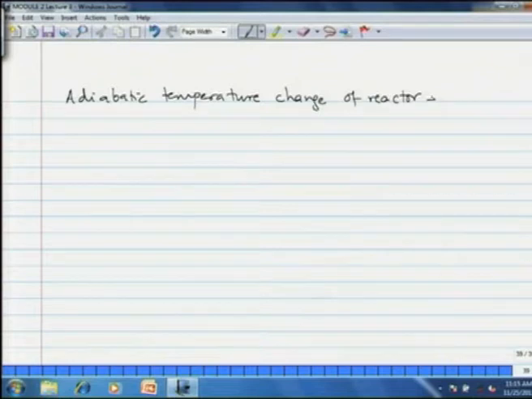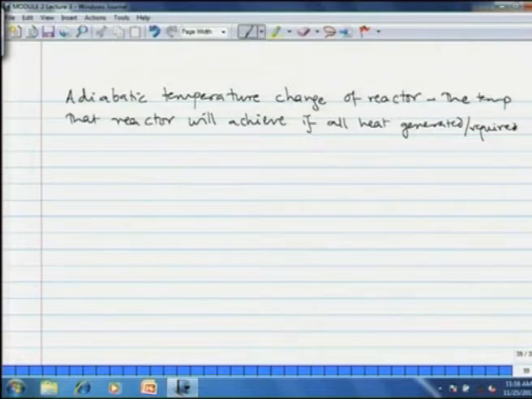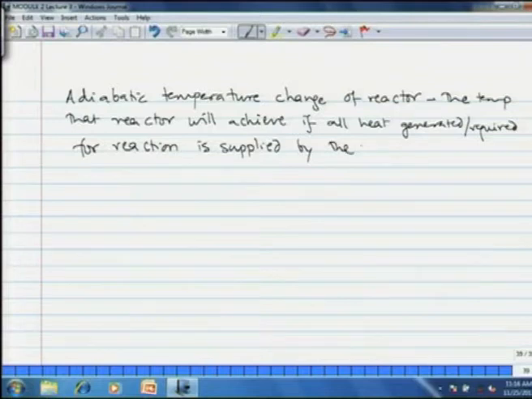This means the temperature that the reactor will achieve if all heat generated or required for the reaction is supplied by the reactor contents, or basically the reactants.